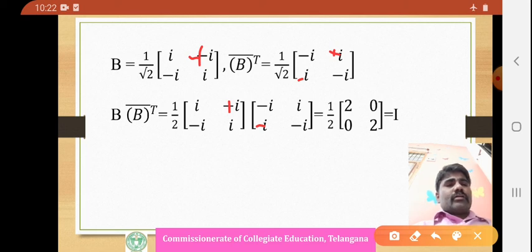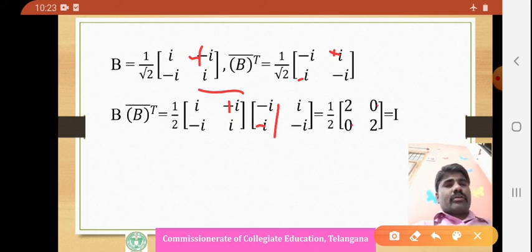For the first row into second column, i into i is i square, -1, plus i into minus i is i square, +1. -1 plus 1 will be 0. That's why these two elements will become 0.